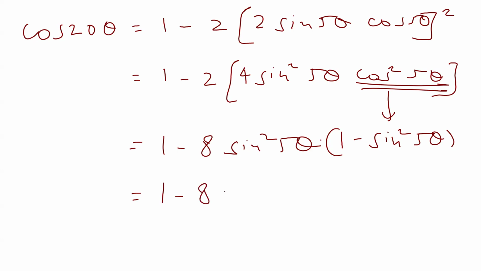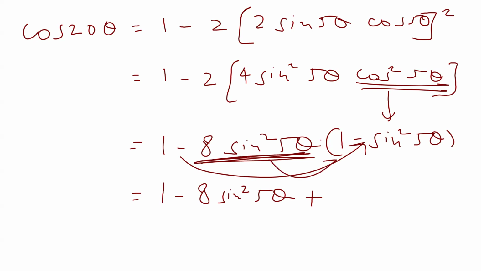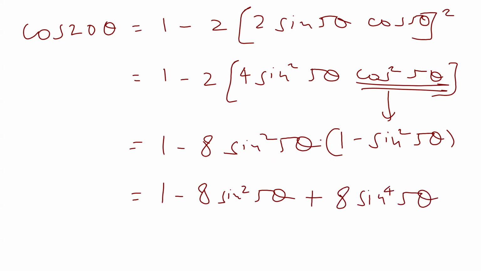So 1 minus 8 sin square phi theta into 1, that is the same thing. This minus and this minus is plus. I'm multiplying this term with both the terms. Plus 8 sine raised to 4 phi theta. Fine. So this is how we express cos 20 theta in terms of sine phi theta.